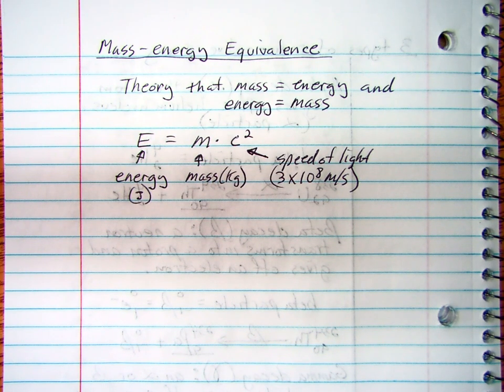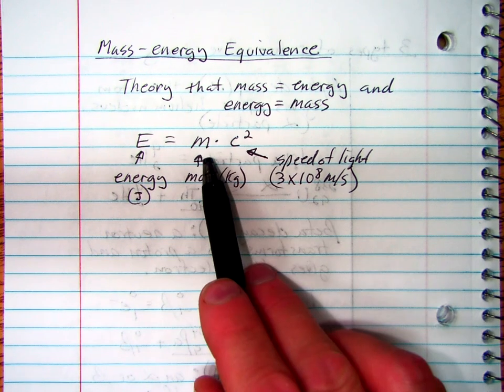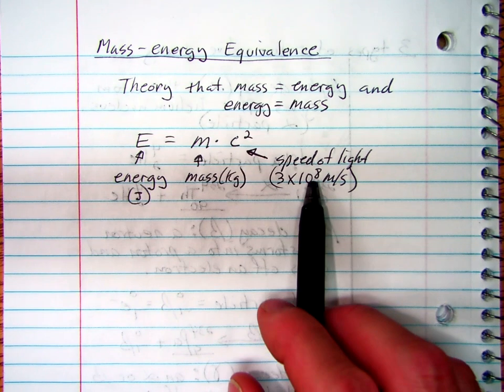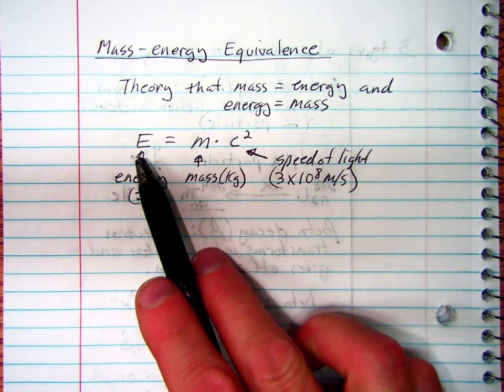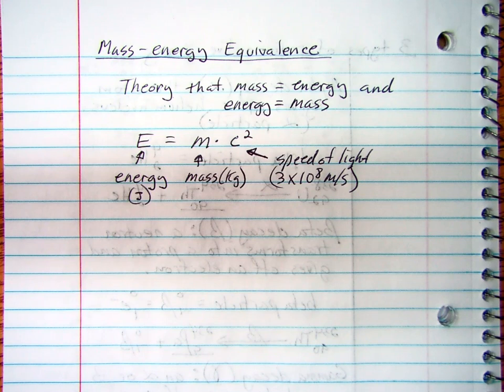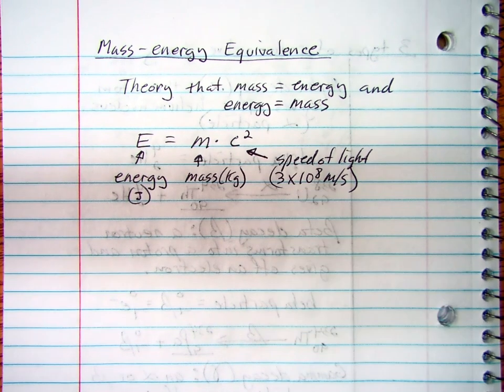As you can see just by looking at this, if you have a mass of 1 kilogram multiplied by the square of 3 times 10 to the 8, that is a huge number that you get on the left side. So just a small amount of mass will give you a huge amount of energy just because of the square of the speed of light.